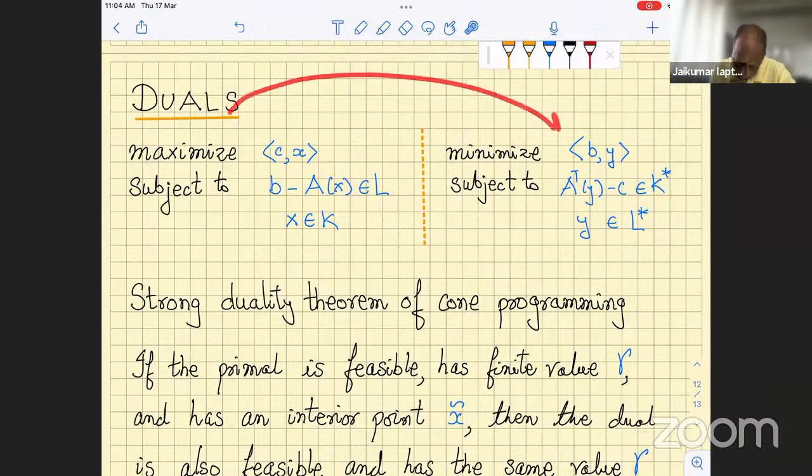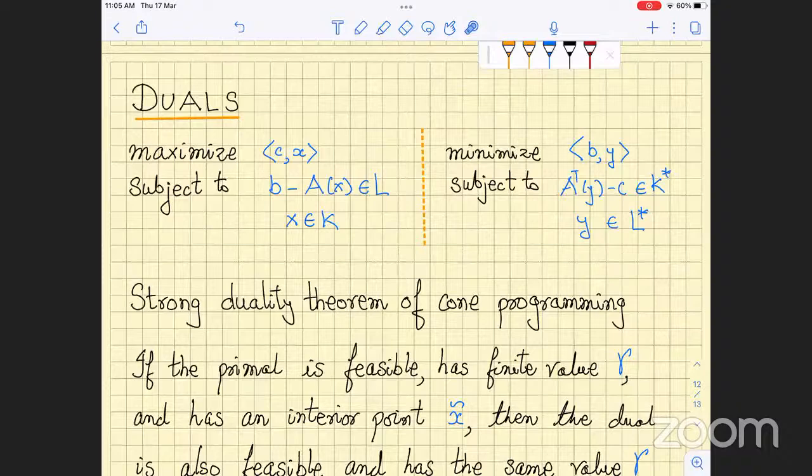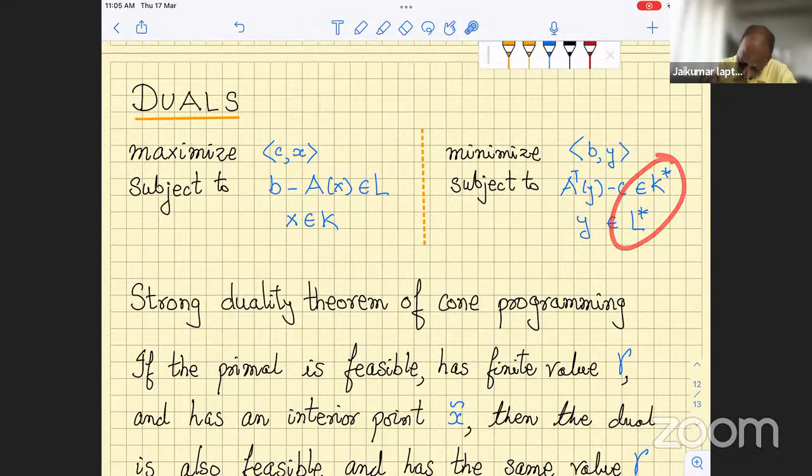And here you wrote B minus AX. Here you write A transpose minus C, and that is because we have written it as a minimized program. Don't worry about it. You remember, I had not yet defined dual cones actually. Doesn't matter. There are objects called dual cones.